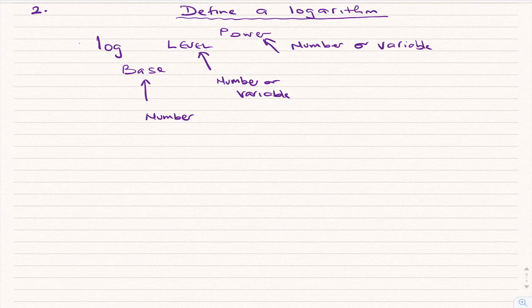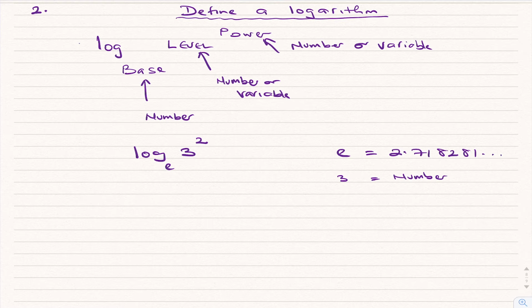So one good example would be log to base e of 3 squared, where e is a number which is 2.718281, and it goes on. And 3 obviously is a number, and its power is a number which is 2 in this case.